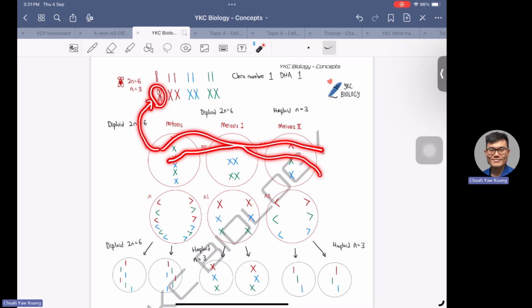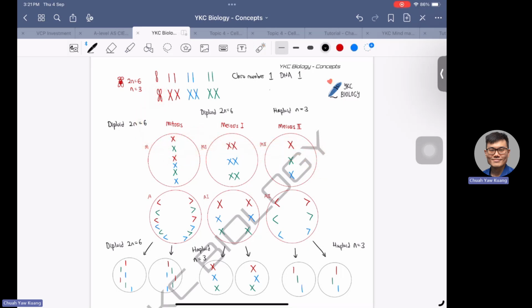For this type, the chromosome number is counted as one, but the DNA content is counted as 2, because each of these chromosomes has 2 molecules of DNA. So that is the basic you need to know in counting the chromosome number and the DNA content.